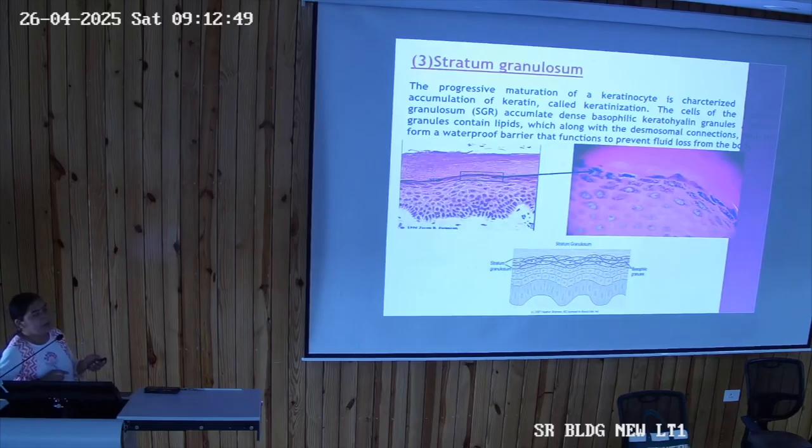This process is called keratinization. The cells of the granulosum accumulate the basophilic keratohyalin granules, so here you can see the basophilic staining of these cells. In this layer there is a differentiation of the cells and they acquire the basophilic stain. These are called the keratohyalin granules.